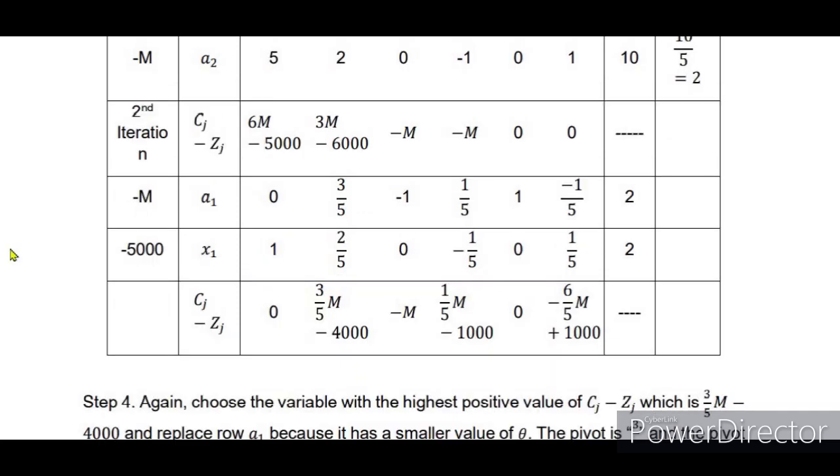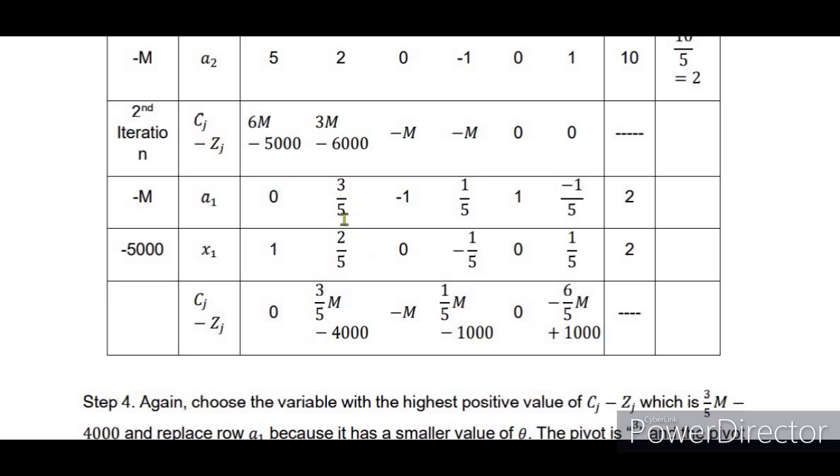Now for the column under x sub 2, we will compute for the Cj minus Zj. So negative m multiplied by 3/5 is negative 3/5 m. Then negative 5,000 multiplied by 2/5 is equal to negative 2,000. So negative 3/5 m plus negative 2,000 is equal to negative 3/5 m minus 2,000.